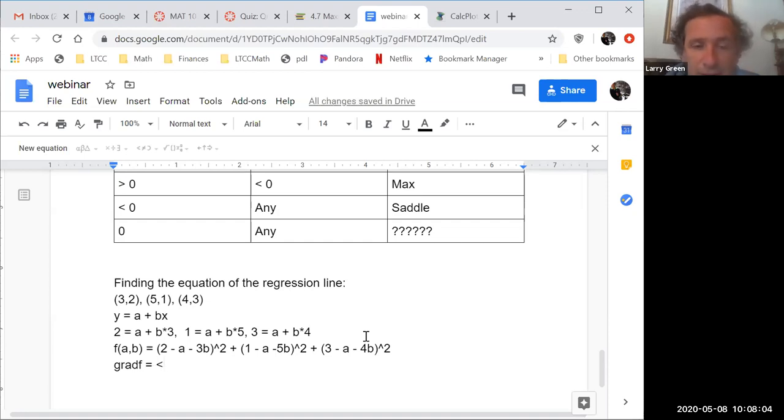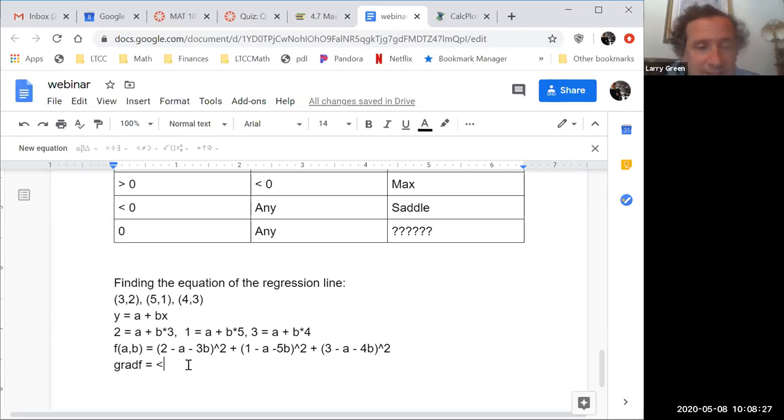So we need to find the gradient, and let's do that. What do you get? First, let's do the derivative with respect to a. I know you're used to x and y as the variables, but in regression analysis, x and y are typically coordinates, so you have to use a and b for the variables. It feels a little weird, but it still works.